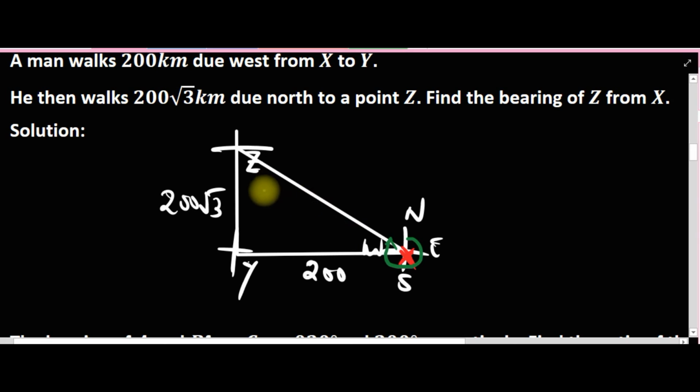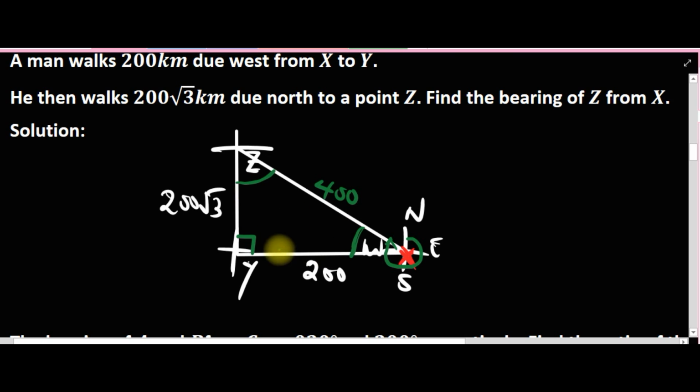The angle here is 90. Without wasting time, we know these angles. This is 200 and this is 200 root 3, and they are the legs of a triangle, so the hypotenuse must be 400.